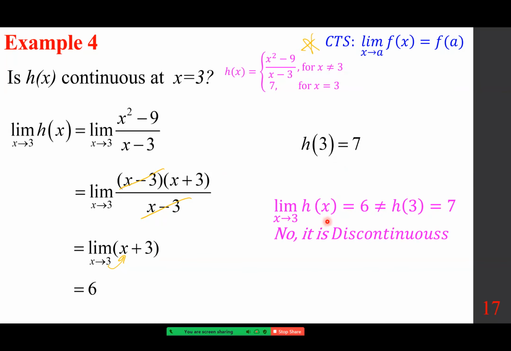The limit of h of x as x approaches 3, we proved it to be 6. h of 3 is given to be 7. They are not identical. It's not continuous. However, if we redefine this as number 6, we can fix the problem. But just the way it's given, it's discontinuous.